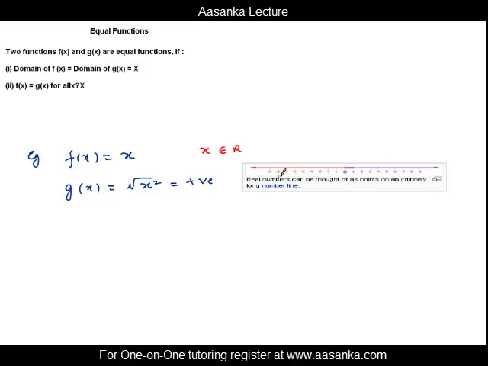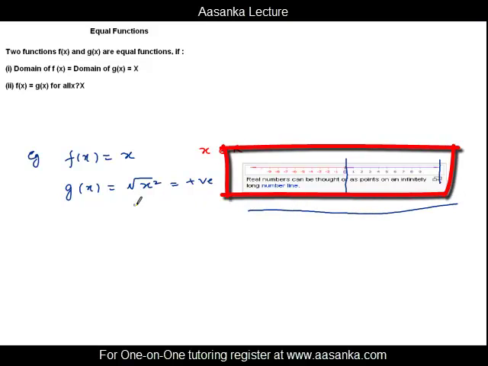But interestingly, if you put from domain any negative number and put here, then square of negative number is positive, and when you square root, then you get a positive value finally. That means range of g(x) is just the positive side of this number line, whereas domain of g(x) is full line.